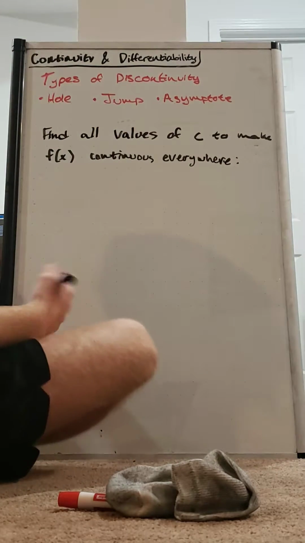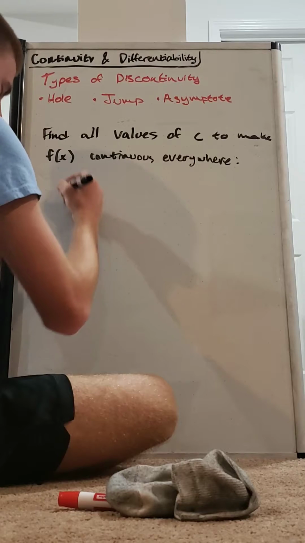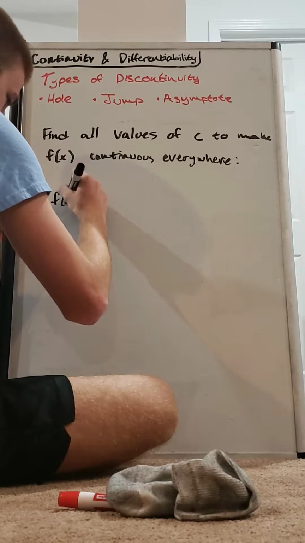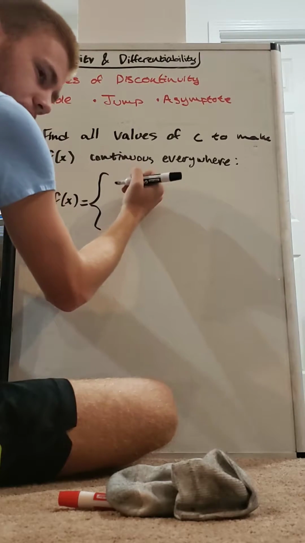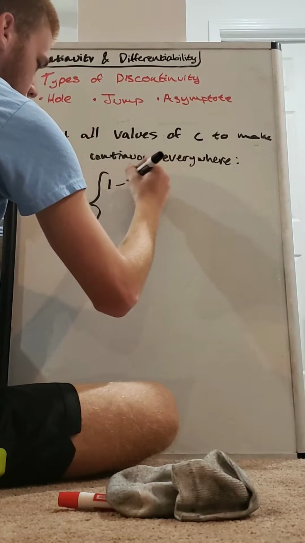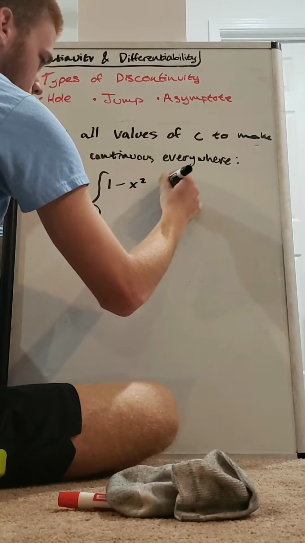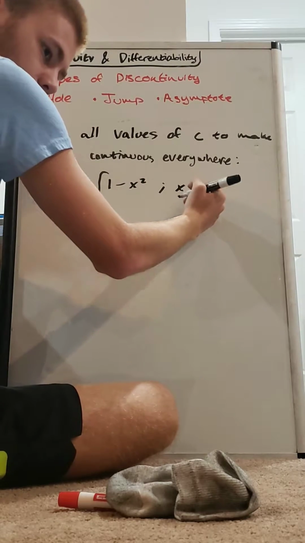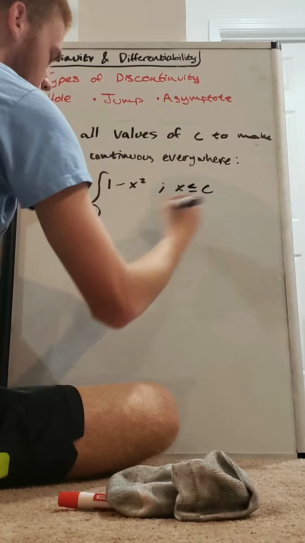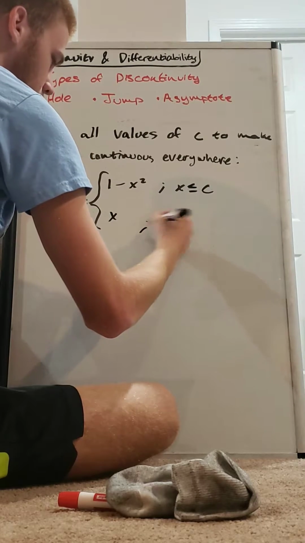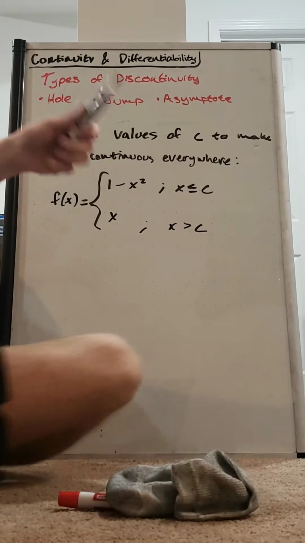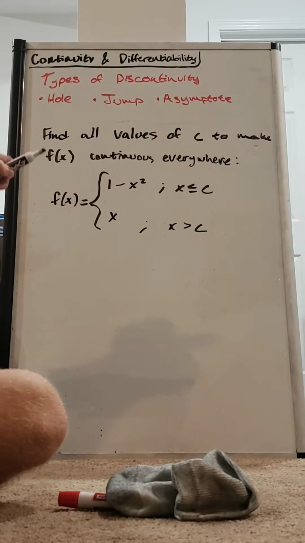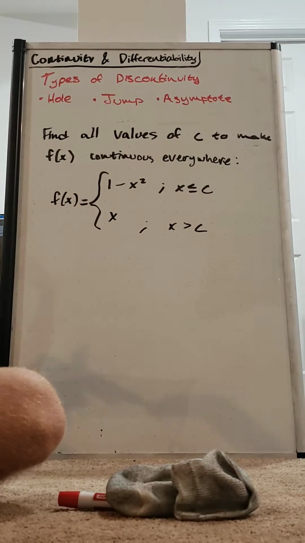So find all values of c to make the function continuous everywhere. And you're given f of x equals 1 minus x squared for all x less than or equal to c, and then x for all x greater than c. So we need to find where to connect these two functions so they're equal to each other.